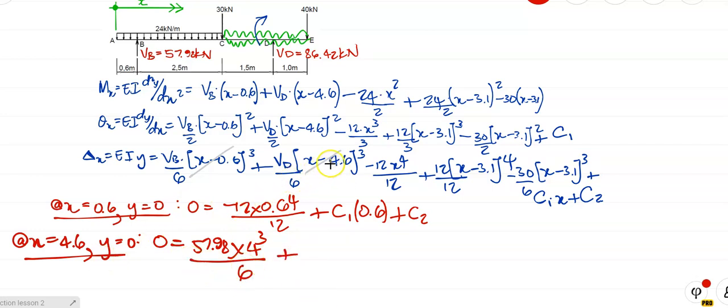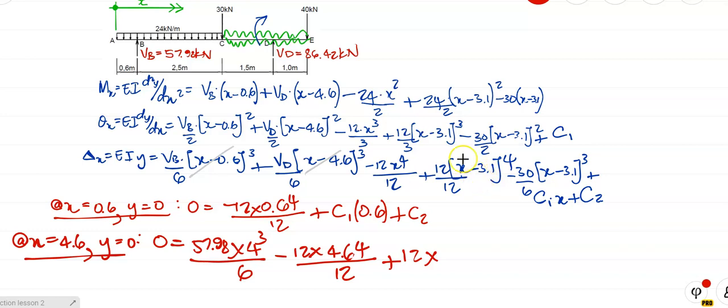If I put 4, that's going to be 0, so that's going to fall away. I want a minus, don't I? Here we go. That's going to be minus 12 times 4.6 to the power 4 over 12, plus 12 times, what's 4.6 minus 3.1?